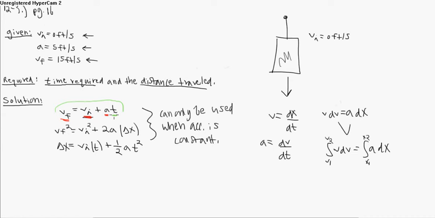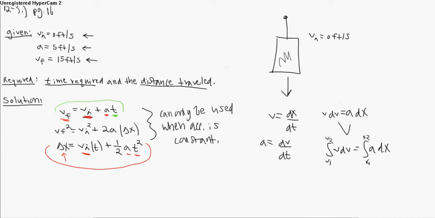Well, if we found that time, since we know the velocity initial, and we want to know the change in x, that's what we want to solve for right here. If we found the time earlier, then we would know that, and we know the acceleration. So then you could use this equation right there to solve for the distance traveled. So that's what we're going to do.